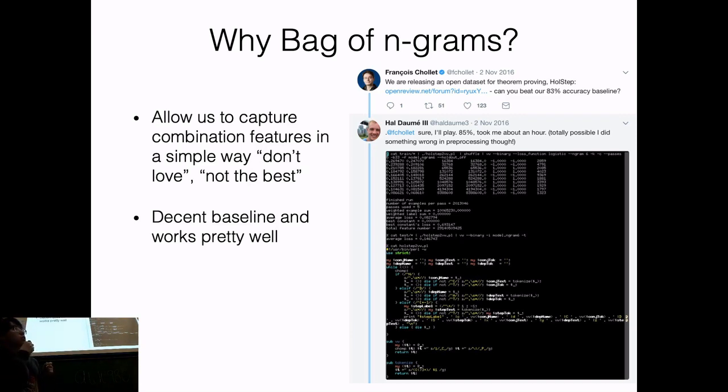So here is just something you should pay attention to. Why do we use the bag of n-grams? If you do some research in natural language processing, you will find bag of n-grams is a very decent baseline, because in most cases this baseline is more competitive, especially when your text is too long, such as a long document.